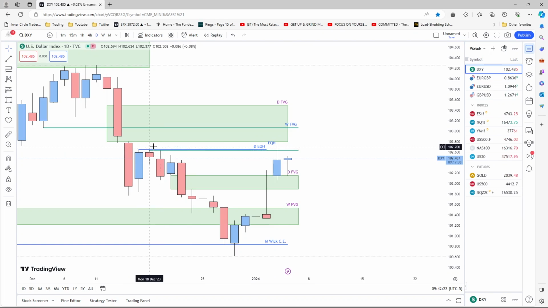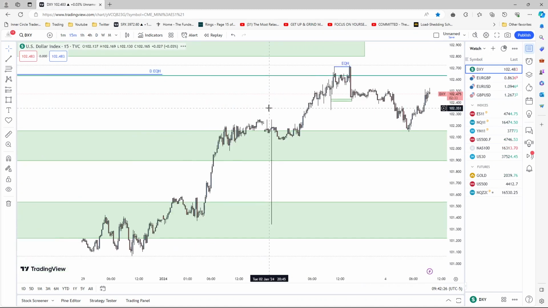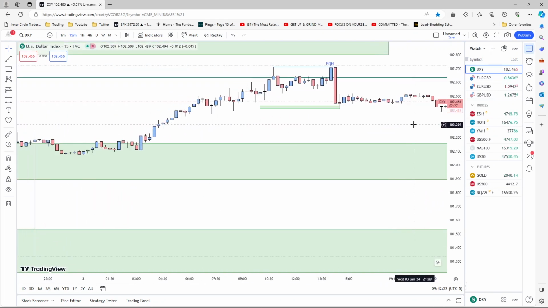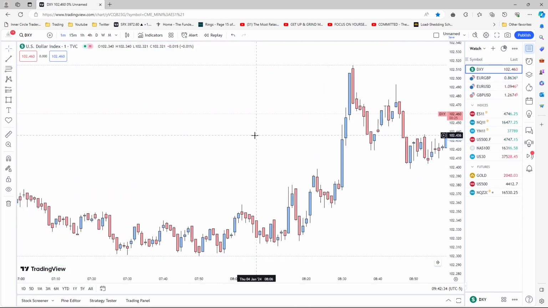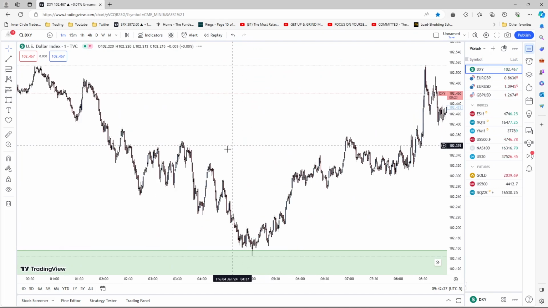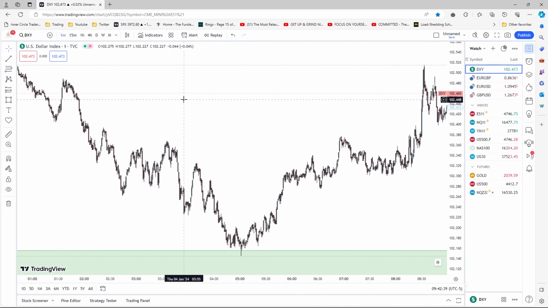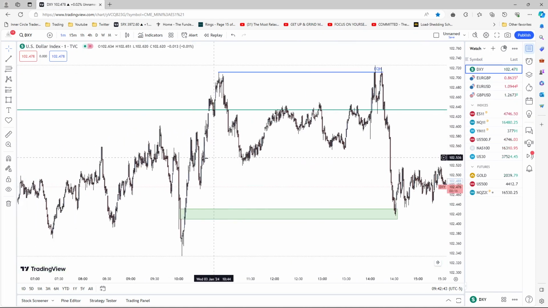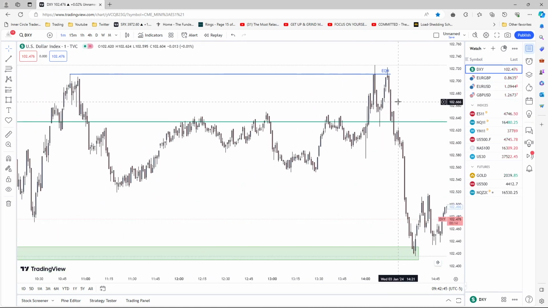So that sets up a perfect stage for a retracement, in a sense. But the main factor, the most important factor about this whole trading idea, and this is one of those notepad moments.